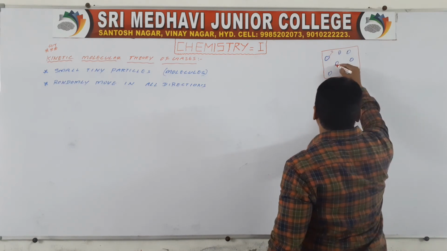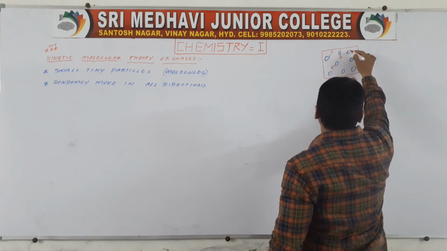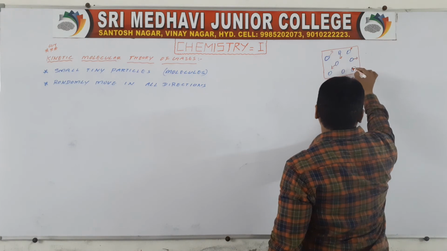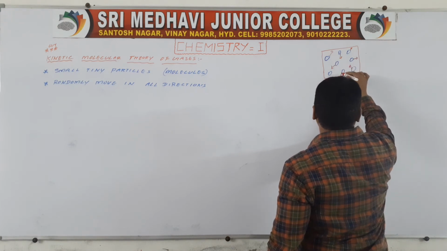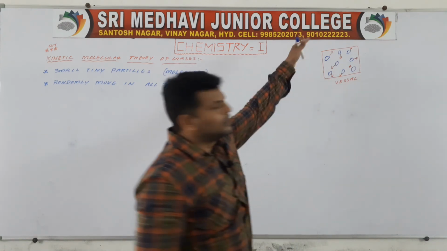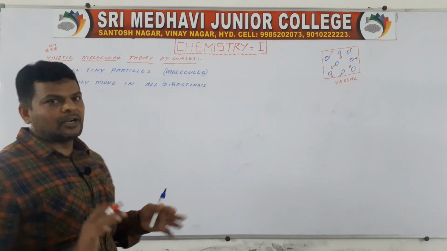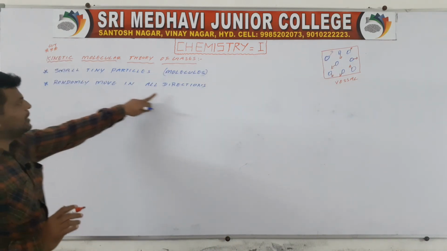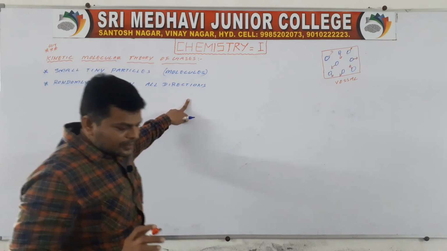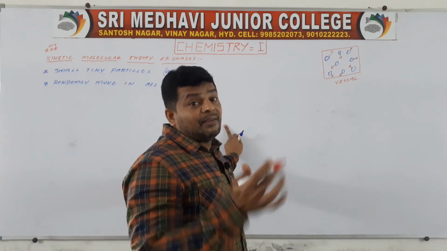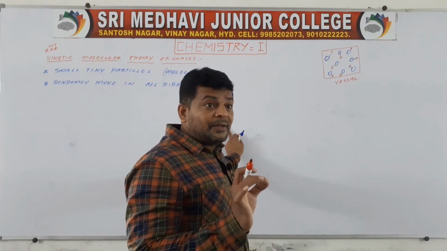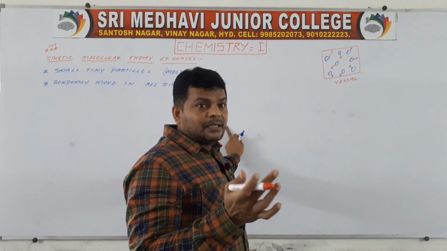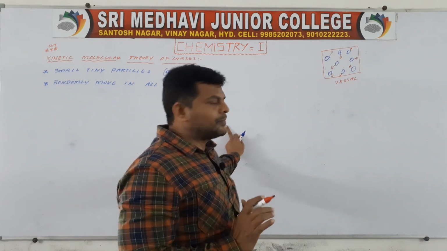This direction is like this, it is like this, it is like this. So, direction is not particular. So, they randomly move in all directions, with different high velocities. So, each particle has a different velocity, not the same.